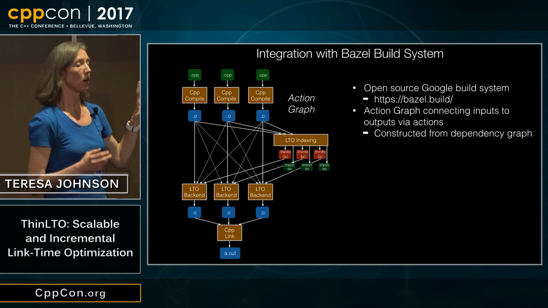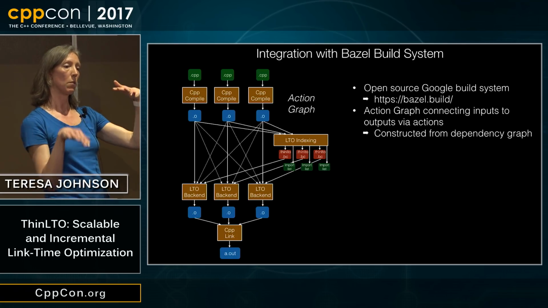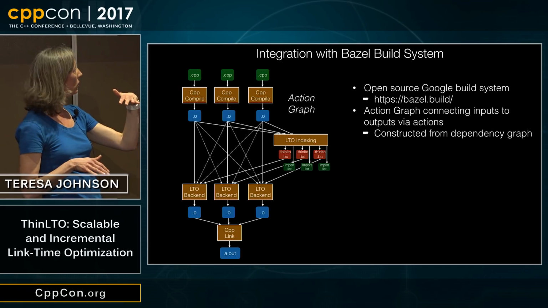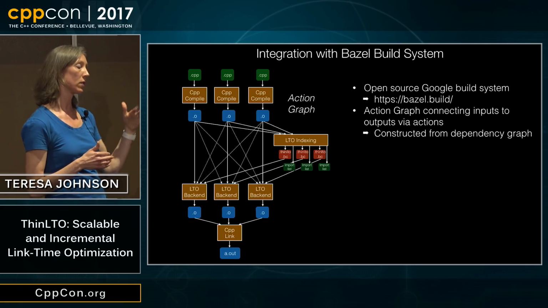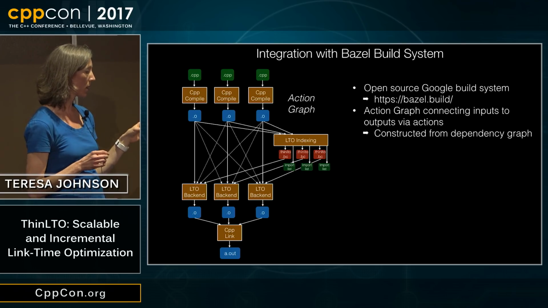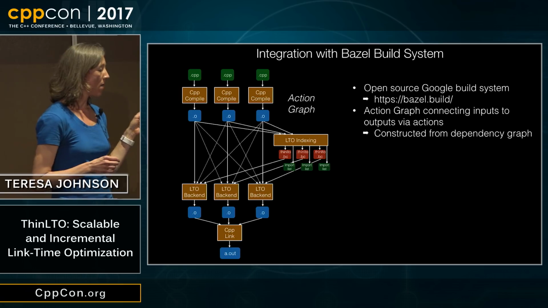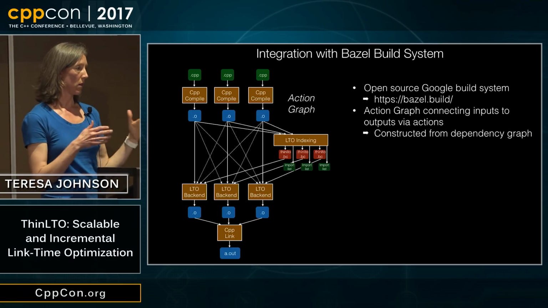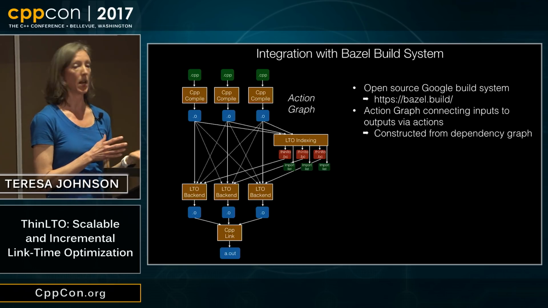So the brown boxes are all actions, and they're connected by connecting the outputs of each to the inputs to other actions. So for a ThinLTO build, you'd have some C++ compile actions that generate these IR object files, an LTO indexing job, which is our name for the thin link, and then LTO backend jobs, which is the name we have in Bazel for the ThinLTO backends, and then finally a native C++ link.